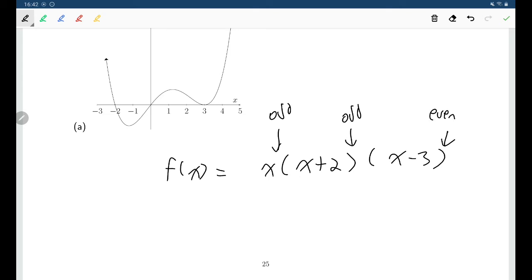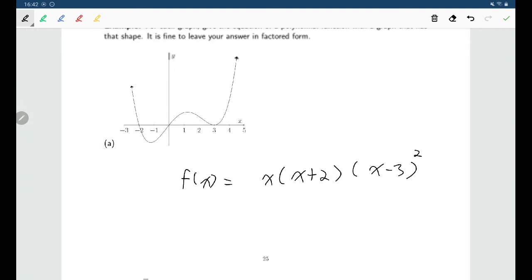This is where we'll be able to come up with more than one correct answer. So I'm going to do this with the odd powers of, I'm choosing 1 and 1, and an even power of 2. So this would be an example of a function that would have this shape.